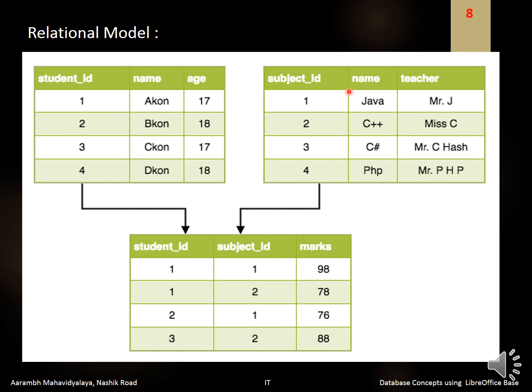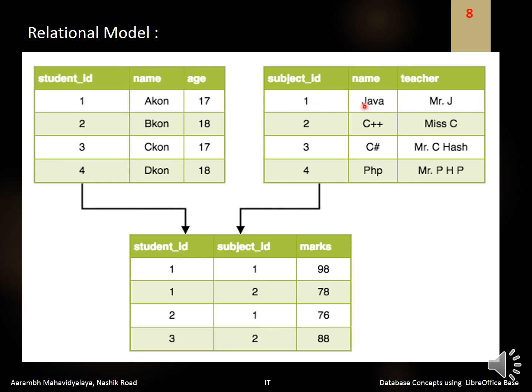Here in these two tables, the student ID field is similar. In the student table, names of students are provided and their ages are given. Here in the teachers table, student ID, that means for the first student, second student, third student ID 3 and fourth student ID 4. These IDs are provided, and these are the names of the subjects that these teachers are teaching to these students.